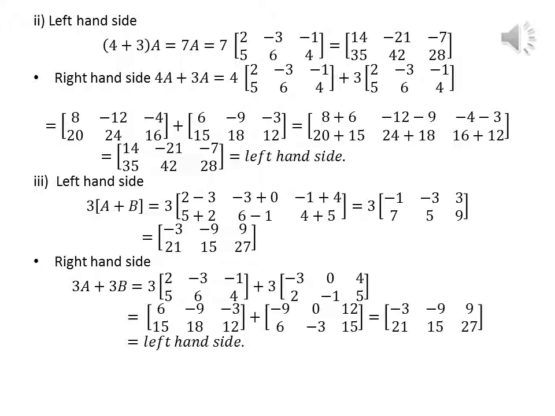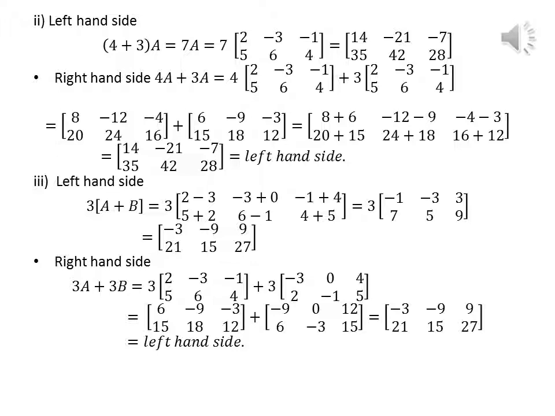Question number 3. Prove that 3 times (A plus B) equals 3A plus 3B. On the left hand side, first do the addition A plus B, then multiply by 3.